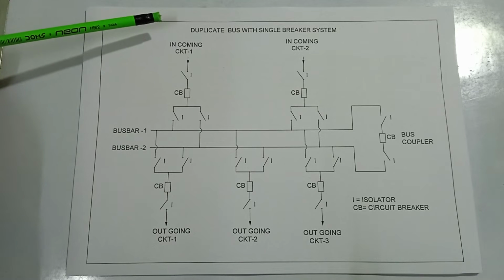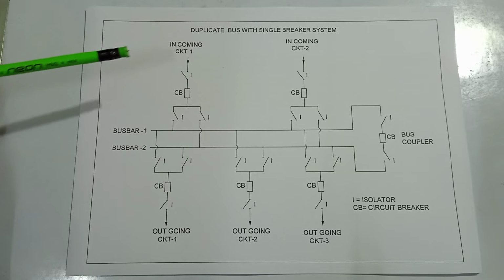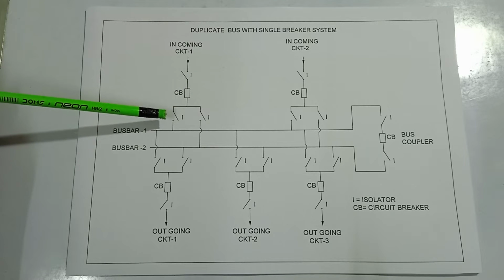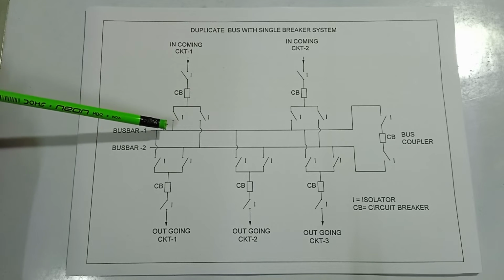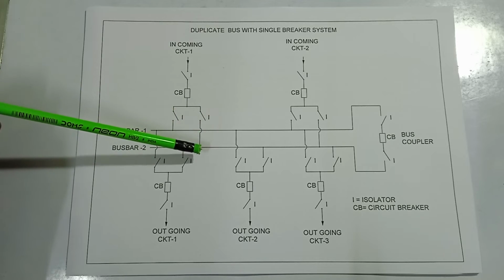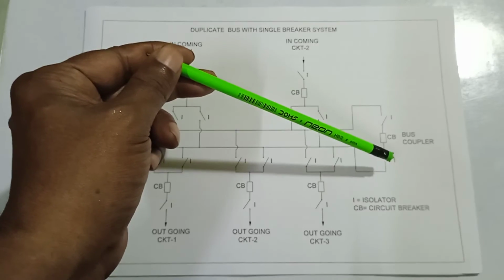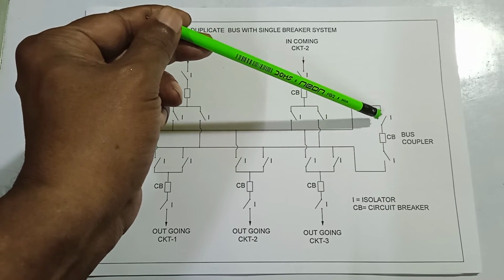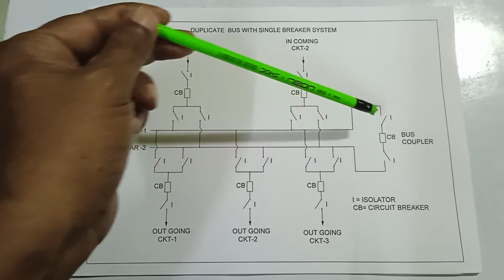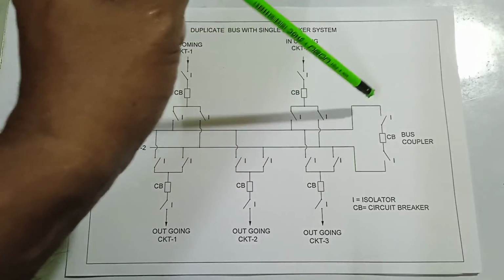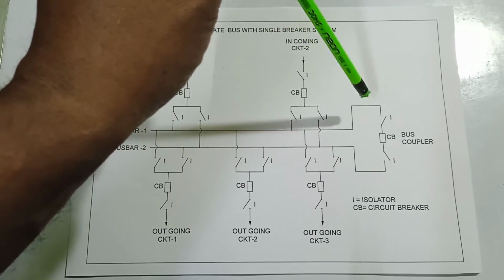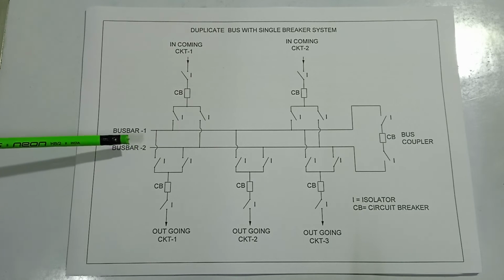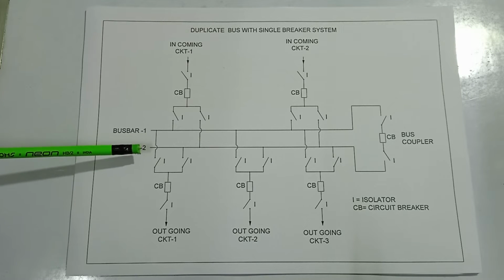Here is the picture of duplicate bus with single breaker system. Here is the single breaker, and here is one isolator connected with one bus bar and a second isolator connected with the second bus bar. Here is the bus coupler. This is the circuit breaker of the bus coupler, and this is the associated isolator of the circuit breaker. This is first closed for transfer of loading from main bus to reserve bus. Say this is bus bar 2, say this is the main bus.